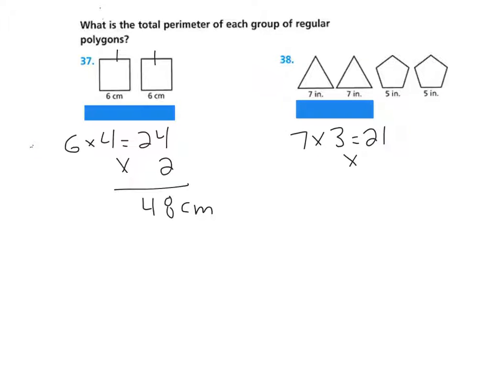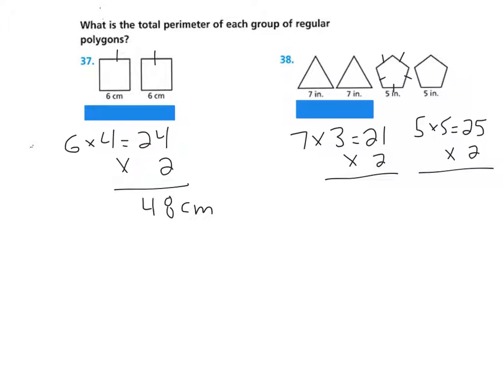So I'm going to multiply that by 2. And then over here, we've got a 1, 2, 3, 4, 5-sided polygon times 5, which gives us 25. And I've got 2 of those as well. So I want you to solve this and see if you can figure out what to do to find the perimeter of all of those shapes combined.